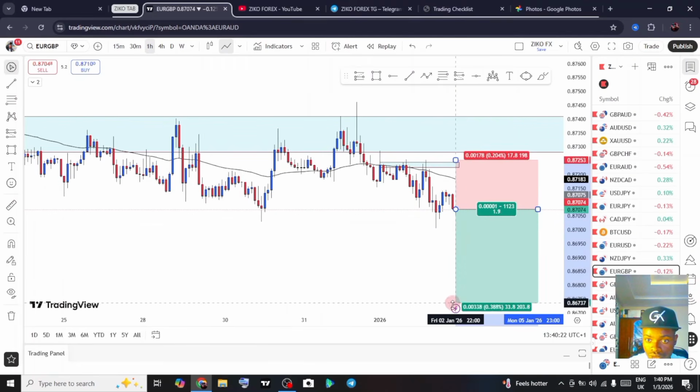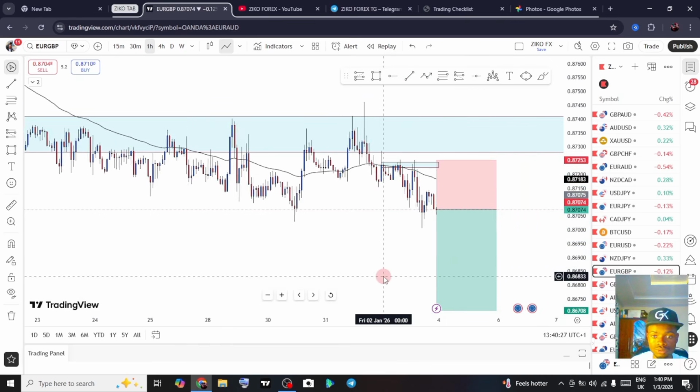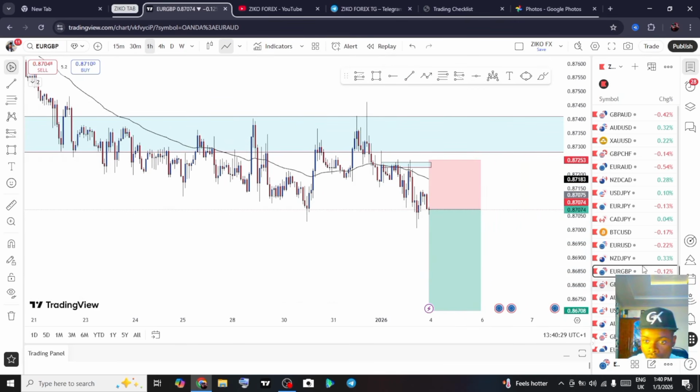And we target 1:2. Very realistic risk reward ratio, right? So with this trade play out, let me just keep it close to monitor it and see how it plays out at the end of the day, right? Next pair, GBP card.